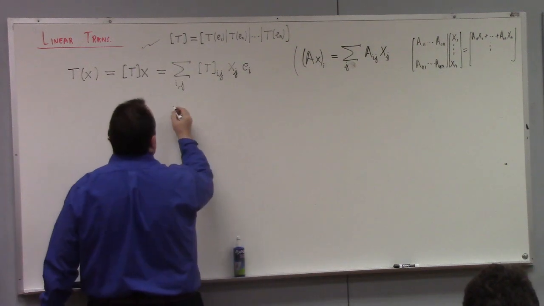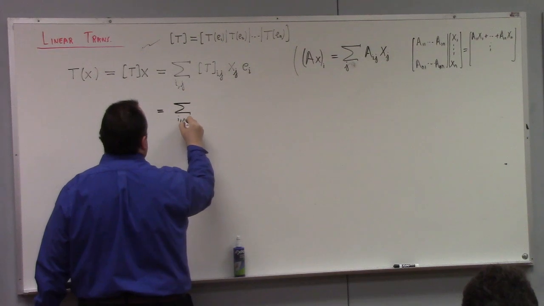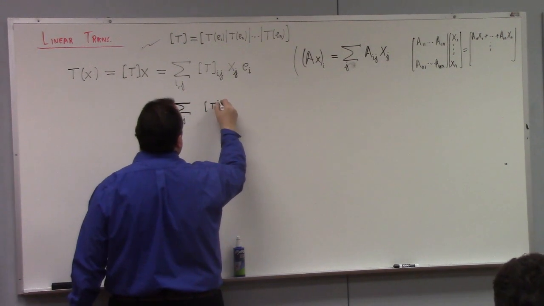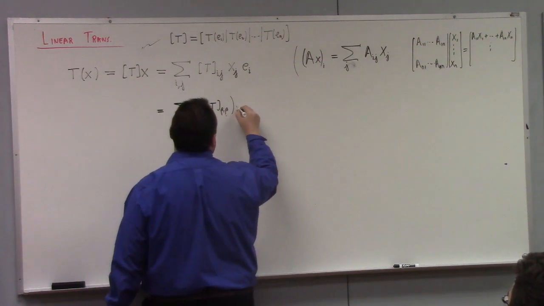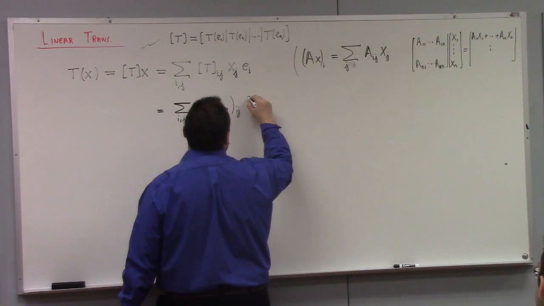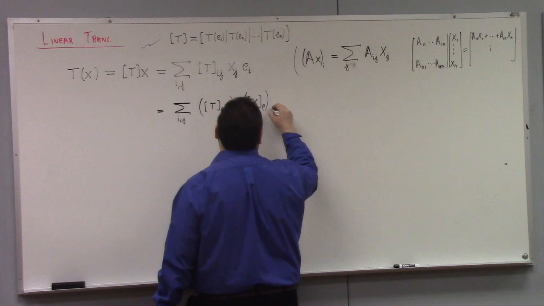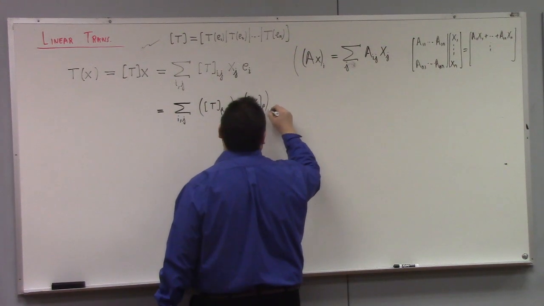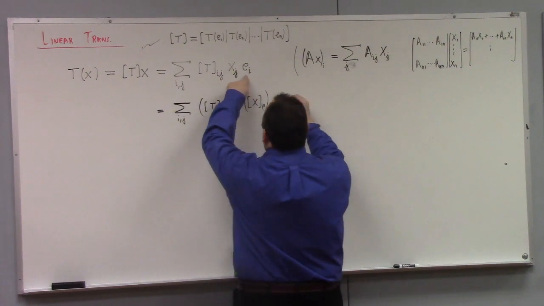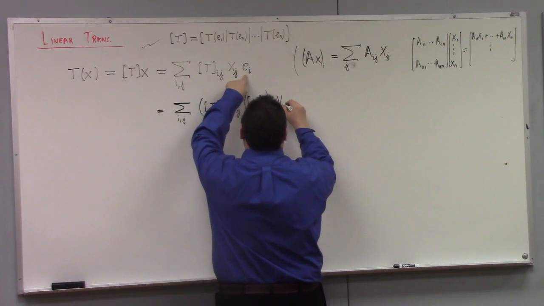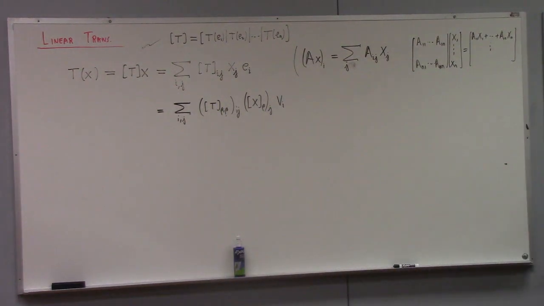So we'd like to also have that equal to the sum over i and j of the new matrix that we're trying to define, the ijth component of that, times the coordinate vector of x with respect to beta. Horrible notation, guys, I'm sorry. And then instead of the standard basis, we want the vi, where that's the ith basis element of beta.